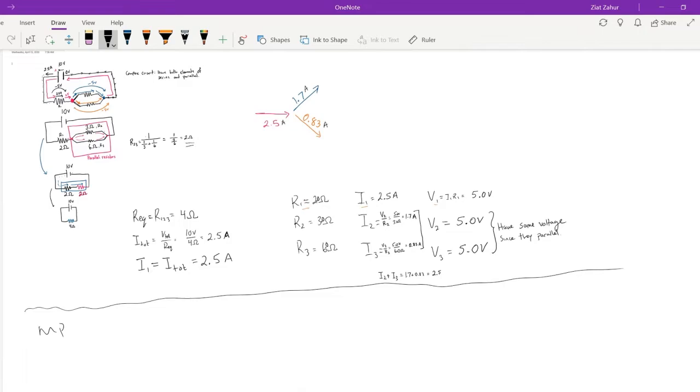So Mastering Physics 13. Mastering Physics 13 says, pacemakers designed for long-term use commonly employ a lithium iodine battery capable of supplying 1500 coulombs of charge. So a pacemaker is something that you put inside your heart.